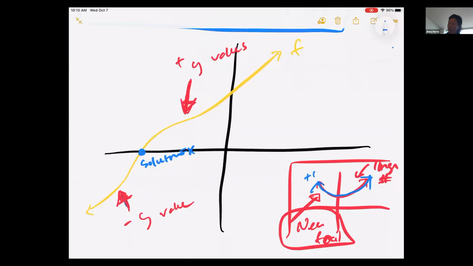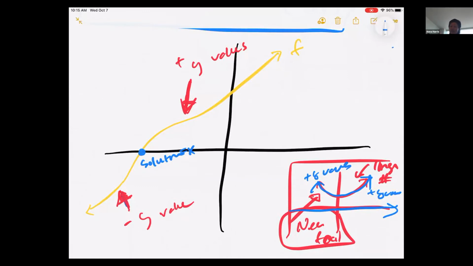It's all positive y values, there are no negative y values. So you know that this equation does not go through the x-axis. The graph has to pass the x-axis to have a solution. As you can see, the x-axis is over here, and your graph is way above the x-axis. In this case, you do not have a solution. Newton's method is not going to work, and it's going to say fail because there's no solution from the starting point.